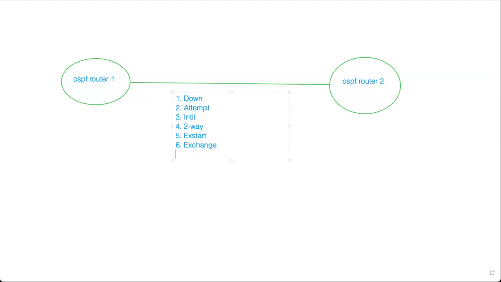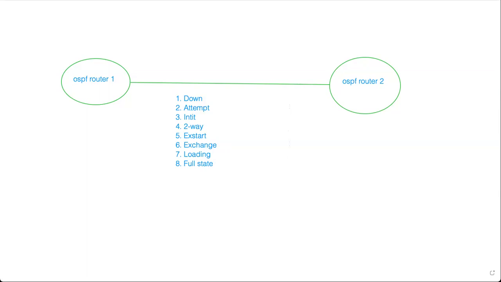Lot of theory, guys, lot of theory. So it has to pass through 7 states to make the full neighborship between the routers.